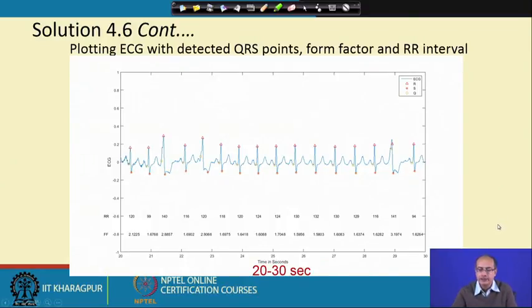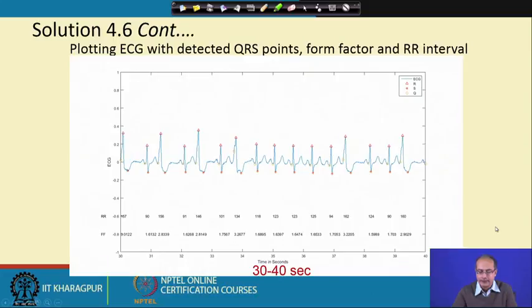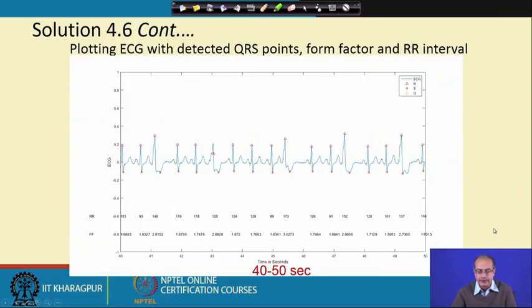So, every plot we are covering 10 seconds. In that way we could show them clearly. Then we go for the 30 to 40 second. In the same way we are showing the location of the R, Q and S, and also the value of RR and FF for each of these QRS complexes. Then we are showing it for 40 to 50.